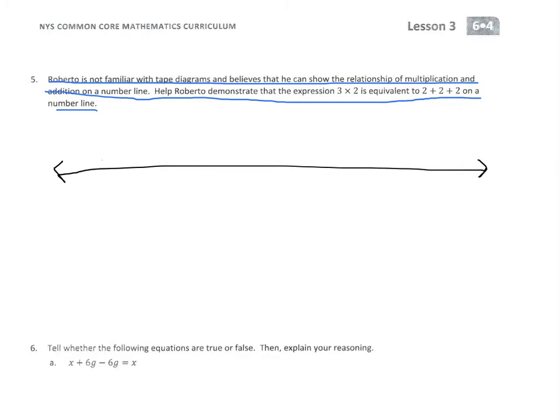So 3 times 2. Well, my number line, I start over here at 0. I know that 3 times 2 is 6, so I better make sure I'm going to 6. So let's say I've got 1, 2, 3, 4, 5, 6. And let's label those guys. 1, 2, 3, 4, 5, 6. Alright, so I've got 3 times 2. I've got 2 3's.